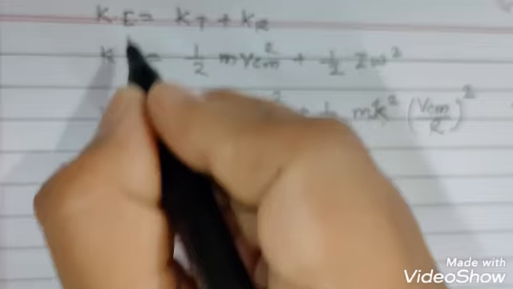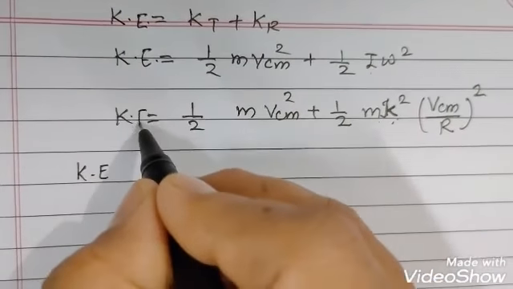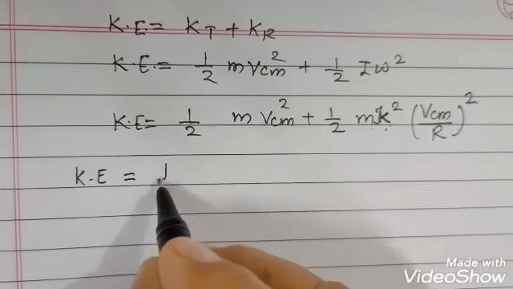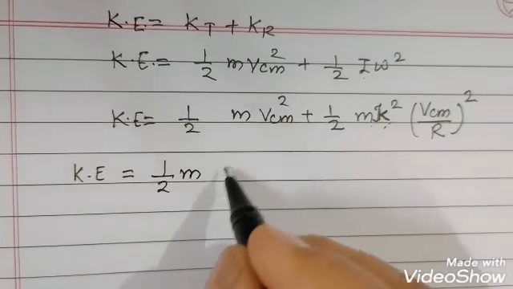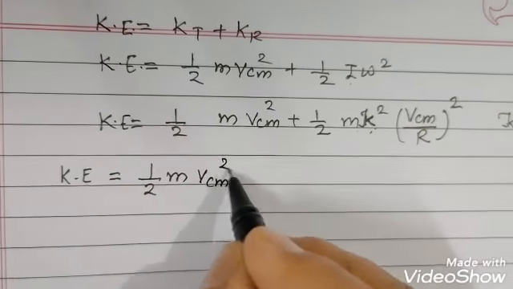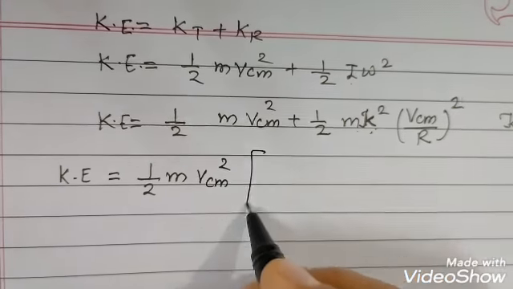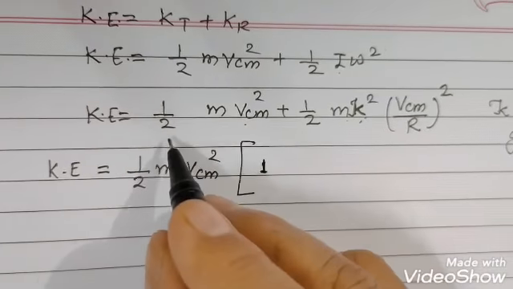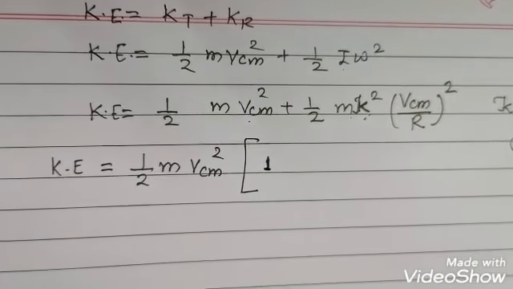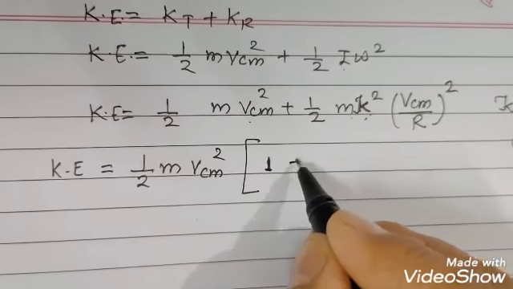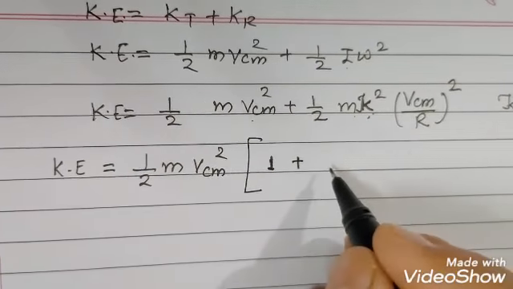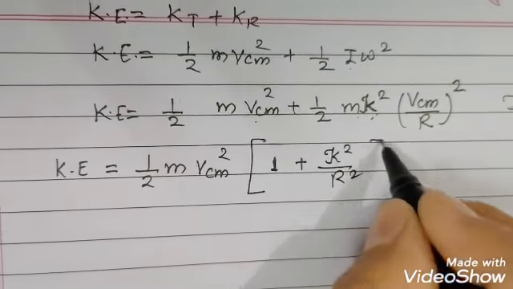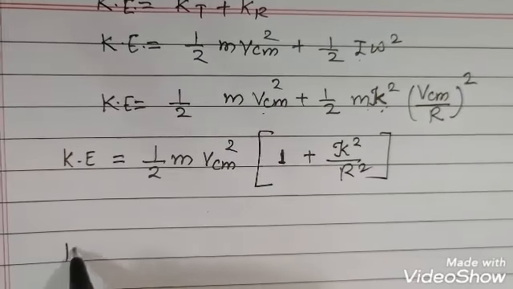I am writing this as kinetic energy, so there would be no confusion with the radius of gyration. And we can take out half m v cm square. So what you will find, the first term here, nothing is left, that means the one that will be multiplied with half m v cm square will be the same quantity, plus half m v cm square already we have taken out, times k square upon r square. Okay, so this will be the kinetic energy.